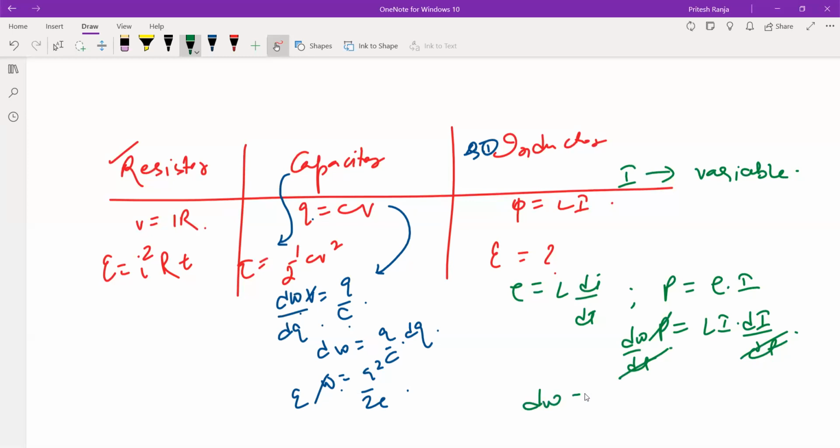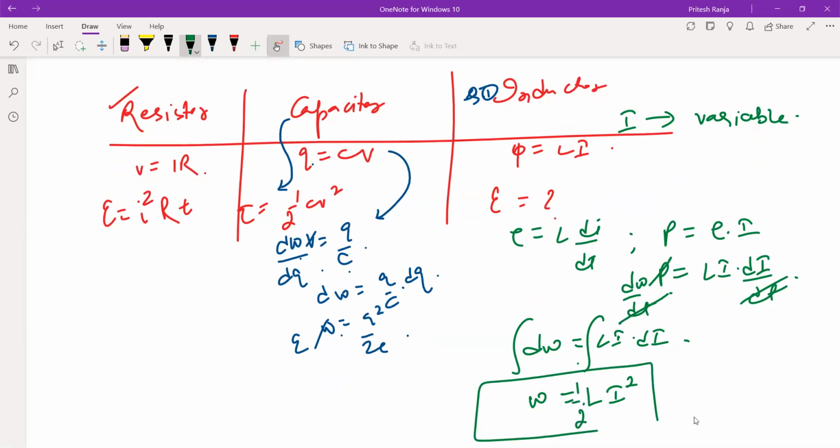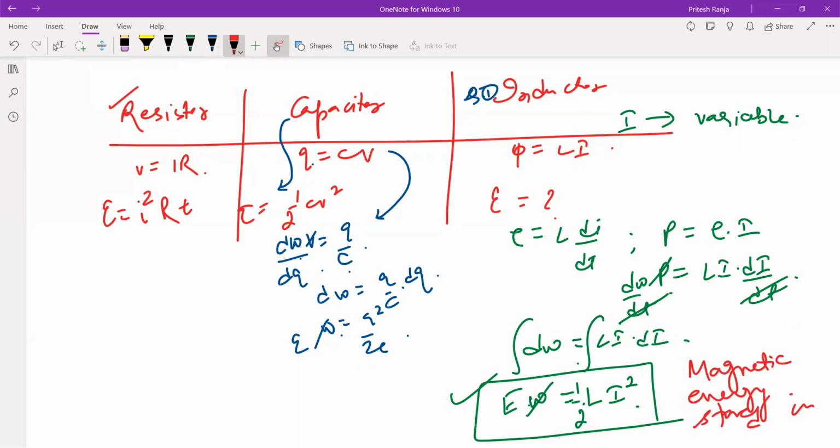So now we get dW as Li into di. So let us integrate. So work will be equal to Li squared by 2, so half Li squared. All should remember this energy which is stored in the inductor. We call this energy stored the magnetic energy. This is the magnetic energy stored in the inductor.